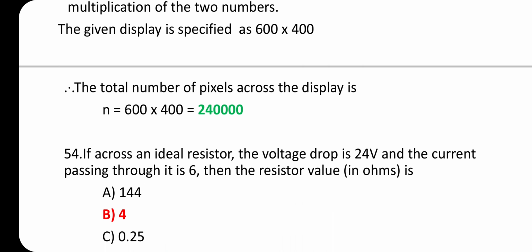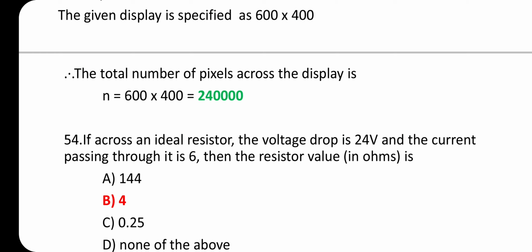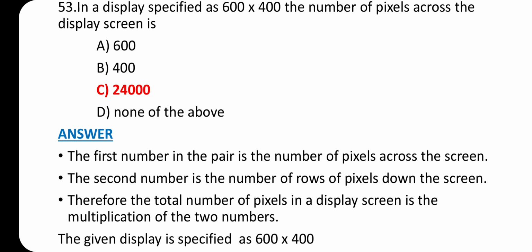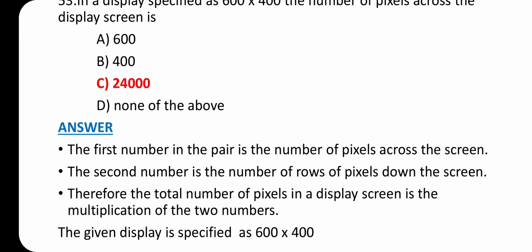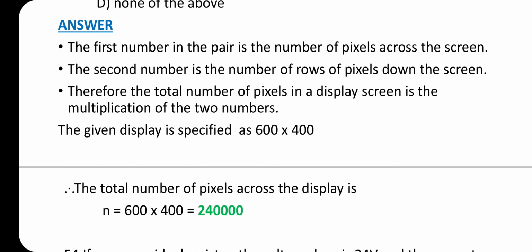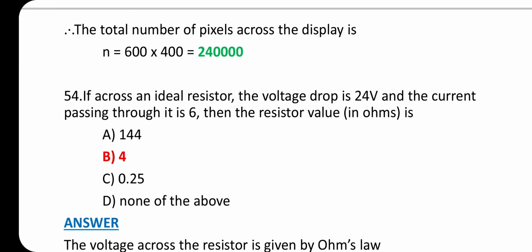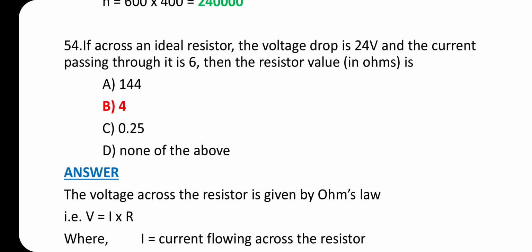Therefore, the total number of pixels across the display is n equal to 600 into 400. We get 240,000. Sorry, a zero is missing in the option, which we will get as 240000.